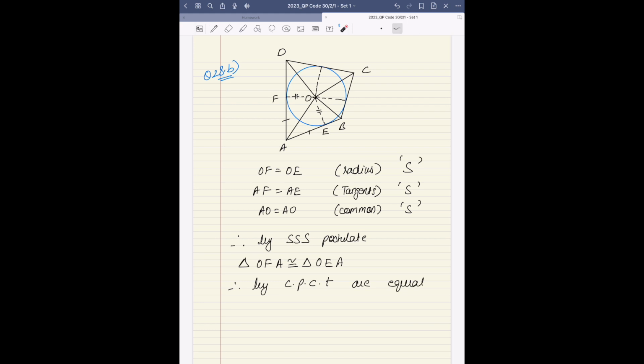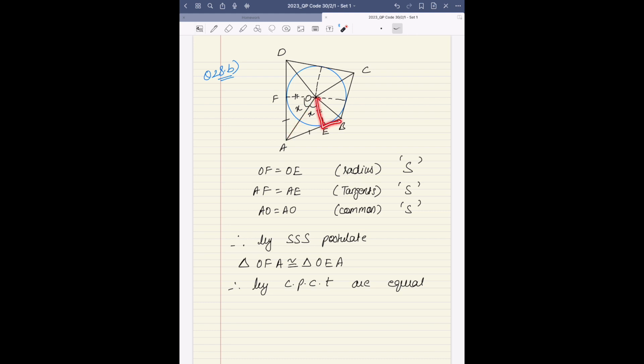Hence, what I'm trying to reach here is this angle will be equal, right? So if I call this, let's say, X, this will also be X. Clear? Because this is 90, this is 90, they are equal, and this angle will be equal. So in short, angle AOF and angle AOE will be equal.